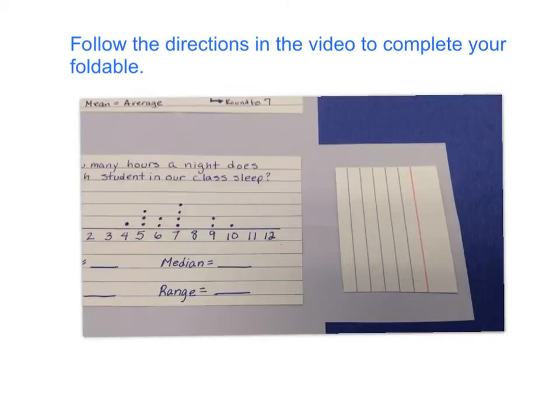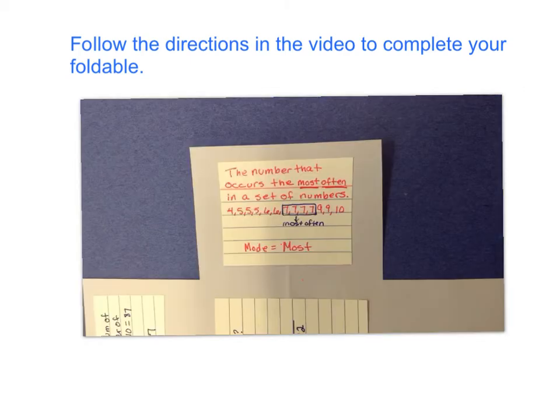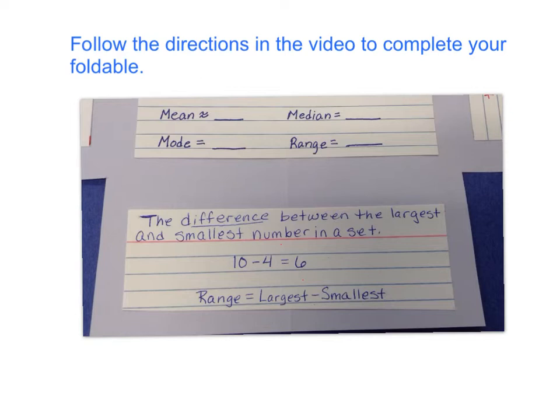And then you're going to move to the bottom, and you've got your last horizontal card, and on that you are going to write the difference between the largest and smallest number in a set is, in our set of numbers, that's 10 minus 4 equals 6, and that is called the range. So the range is the largest minus the smallest.